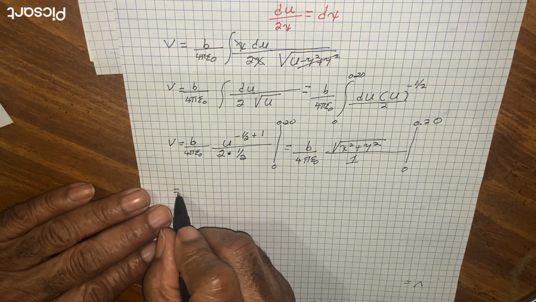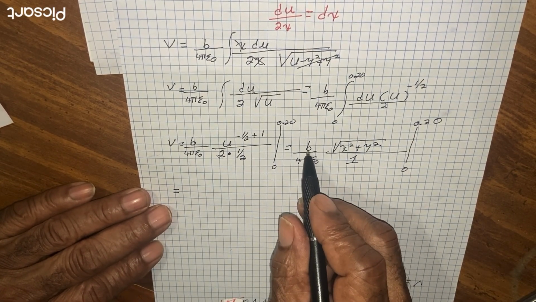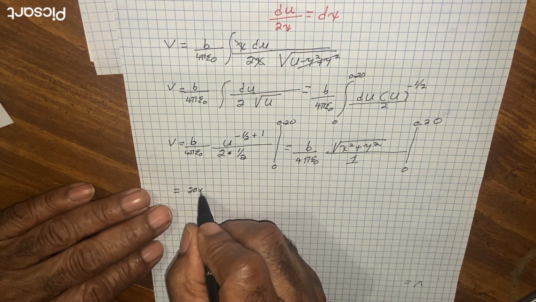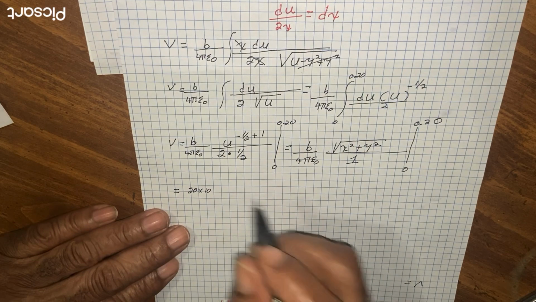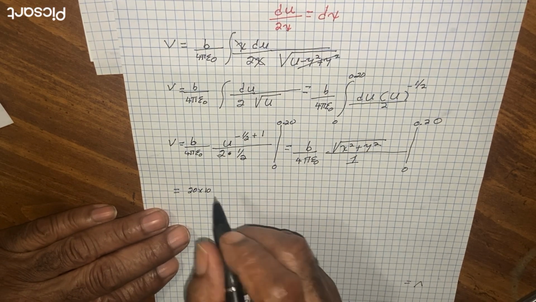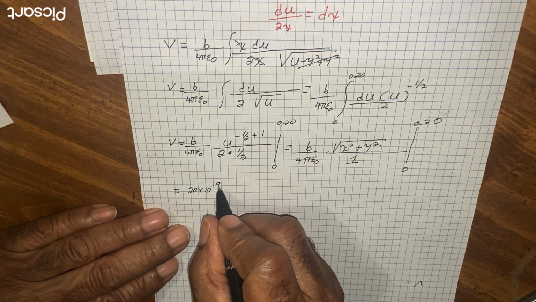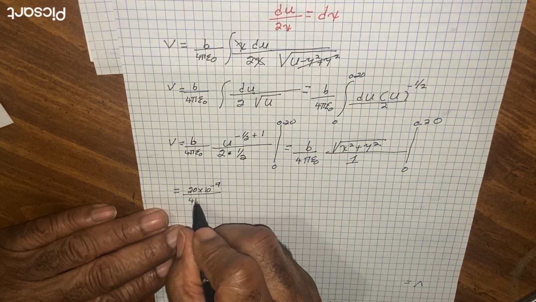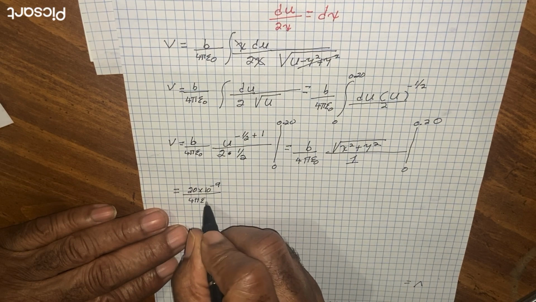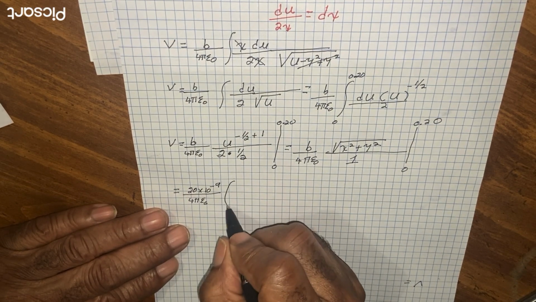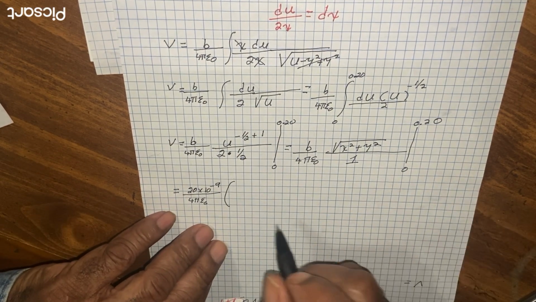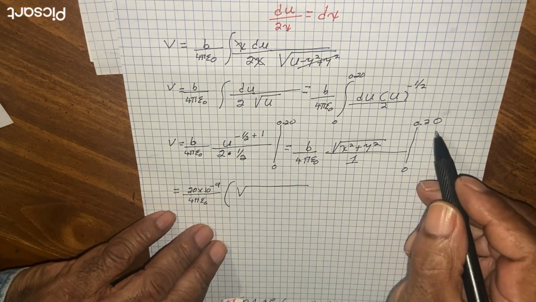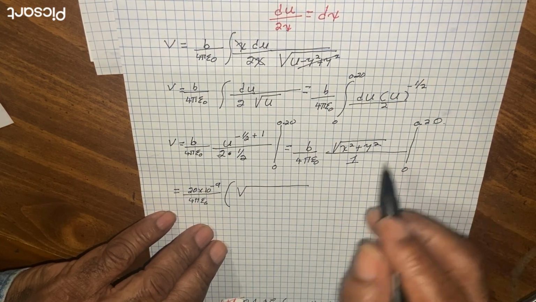This is going to equal, b is 20 times 10 to the minus 9 over 4 pi epsilon naught, and we'll put the 0.20 in here.